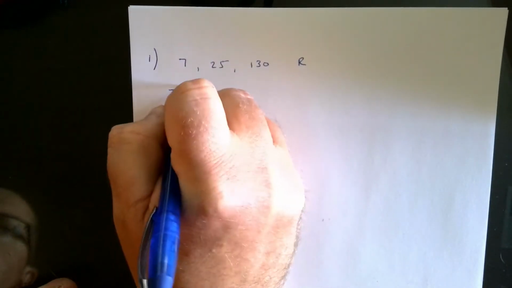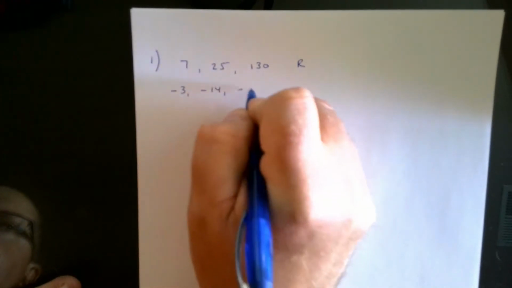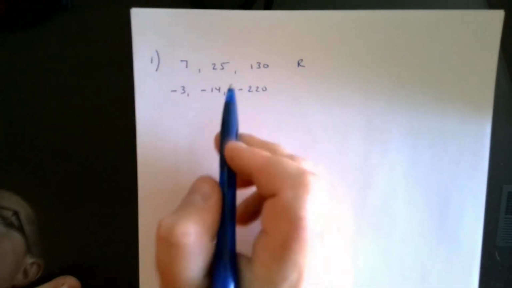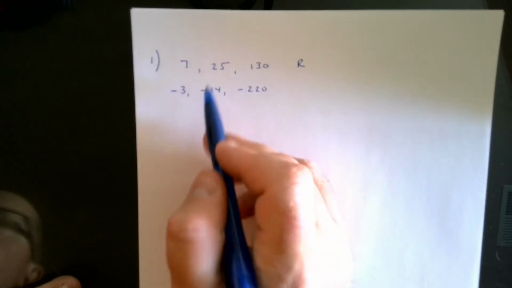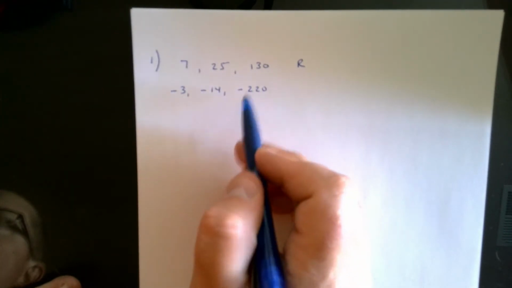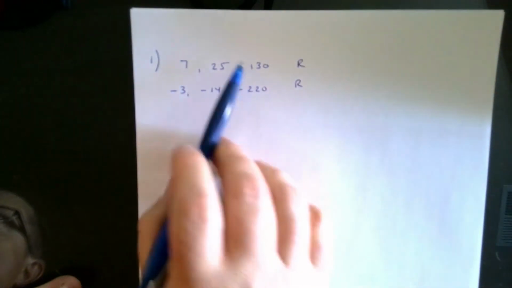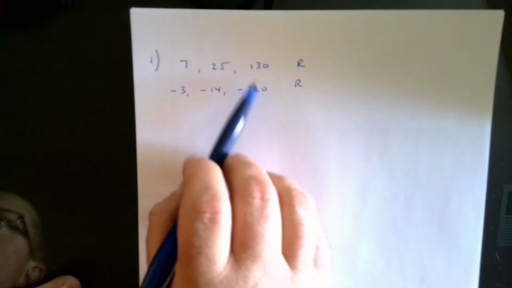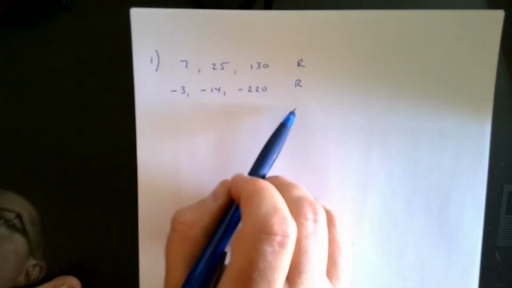So if we have -3, -14, -220, as long as it's whole, a positive number, or a negative number, then it is still rational. Like I said, there's no decimal, no fractions, anything like that, those are the easy ones, those are automatically rational.